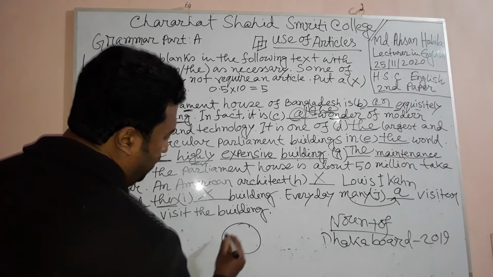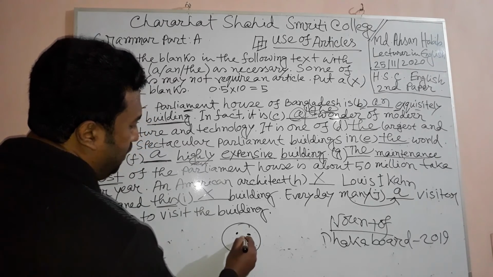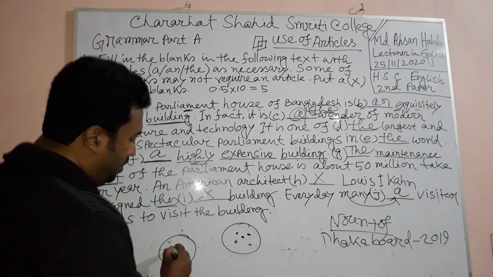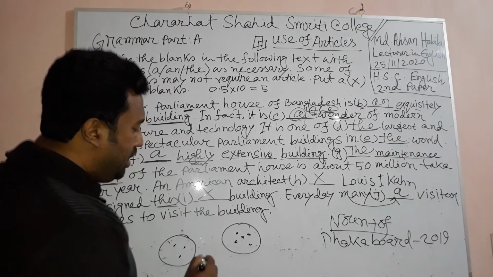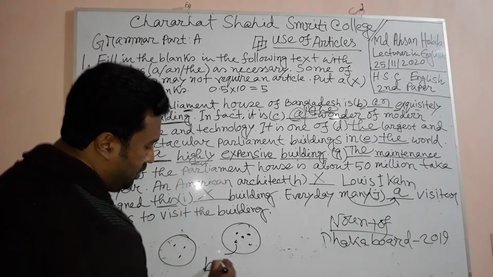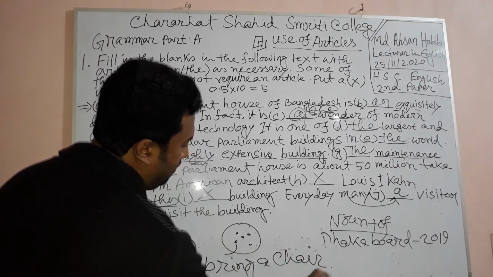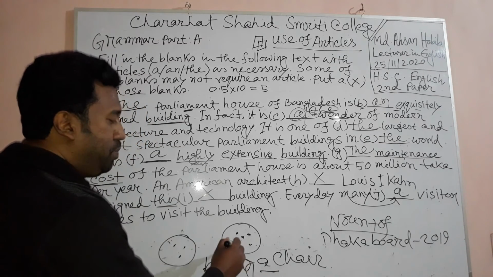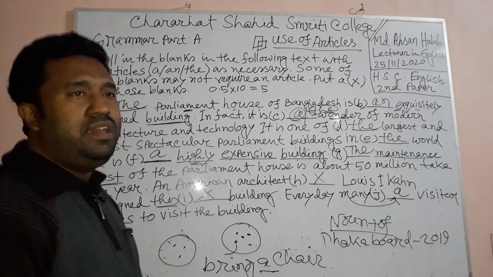If you think that it's a room and there are 5 chairs, okay, and this is a room, and we are sitting here, and I am saying to you that bring a chair from that room. What? Bring a chair. So I have said a chair because I have not mentioned which chair. You can bring any chair. So this is called an indefinite thing.